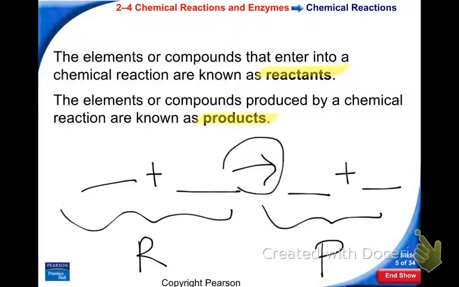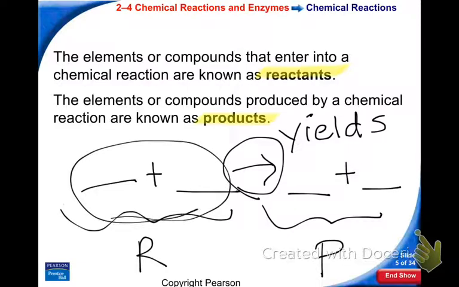The arrow itself means yields, which is another fancy way of saying produces. So reactants yield products. So these two things will chemically combine to form the products.